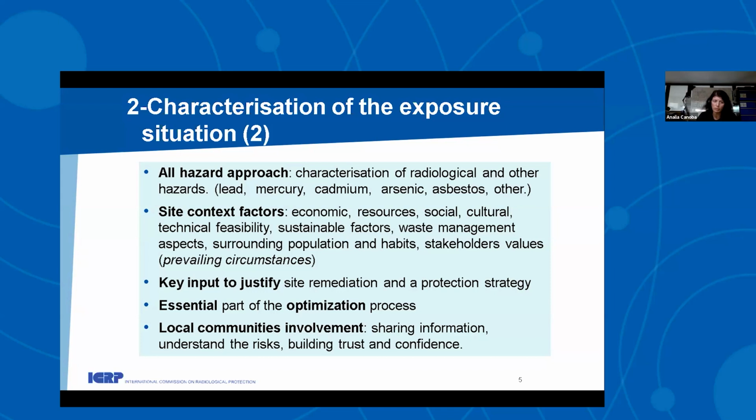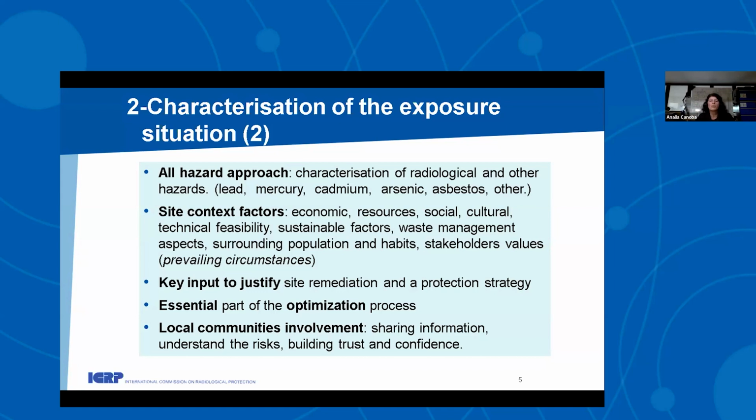We talk a lot about the prevailing circumstances, that are the circumstances that you have to take into account in a holistic approach to the decision. The economics, the resources, the social and cultural values of the people of the area, sustainable factors. Then we will analyze the technical feasibility to do something in the site, to improve the site.